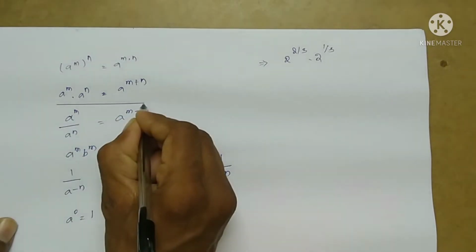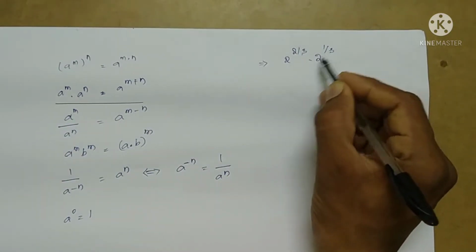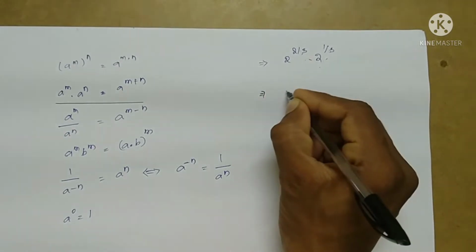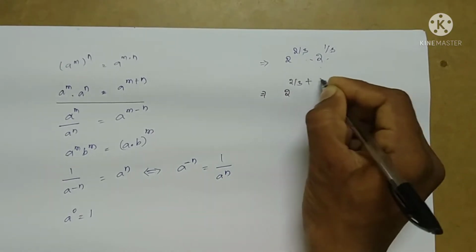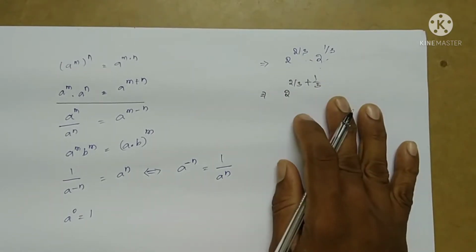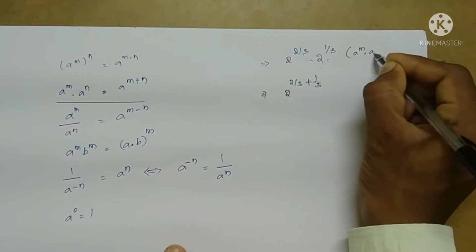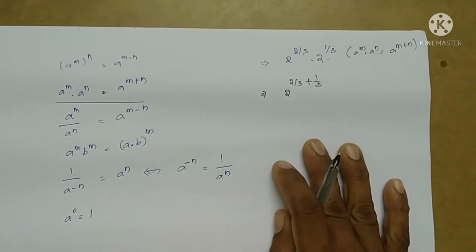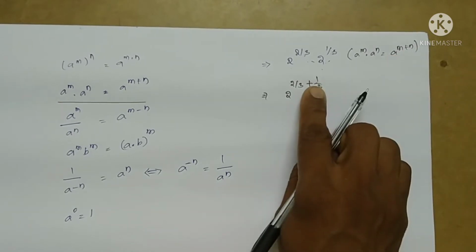This is the formula: a^m · a^n means a^(m+n), right? So 2^(2/3 + 1/3).